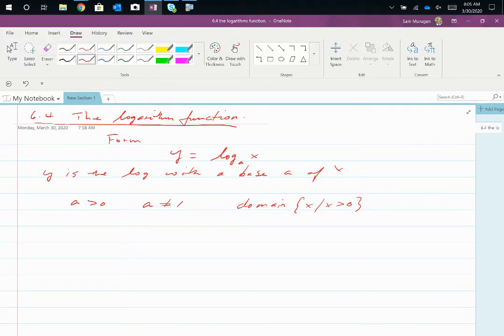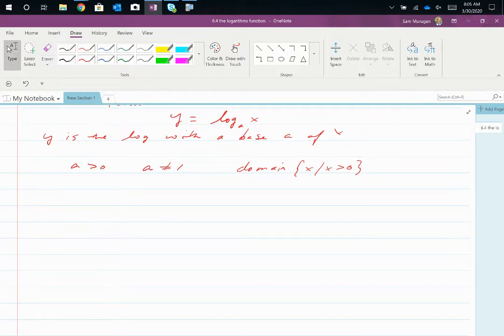Now we're going to discuss some attributes here. y is equal to log base a of x.